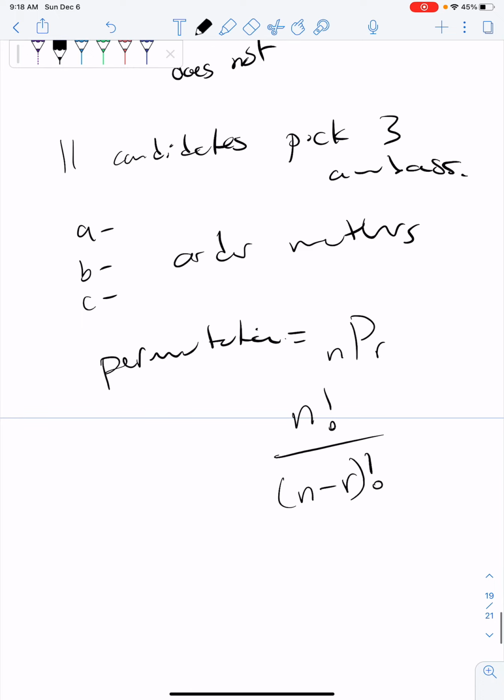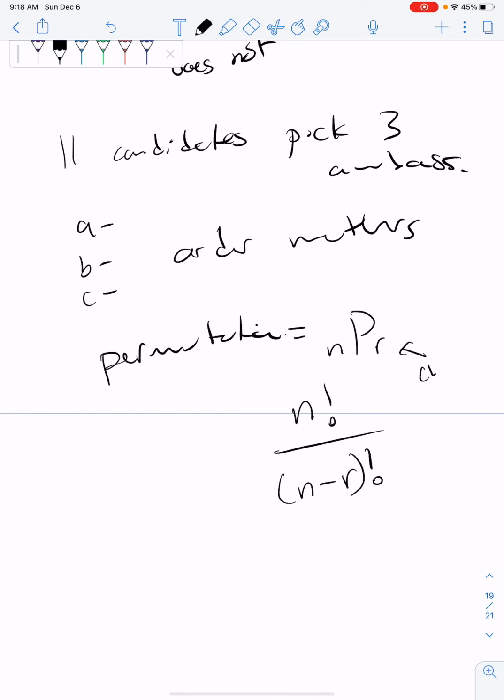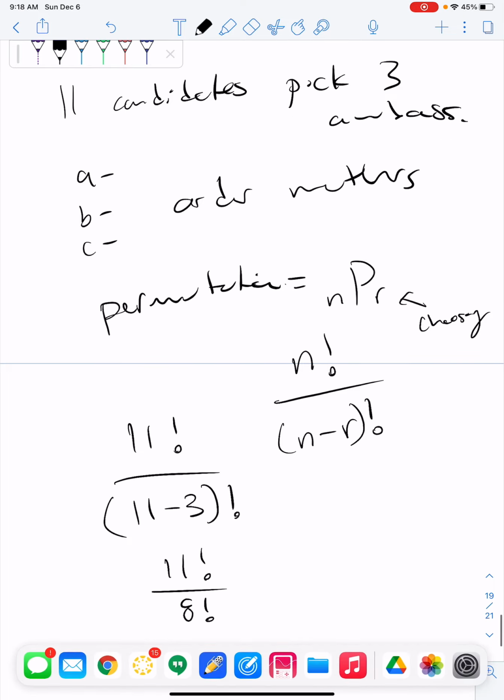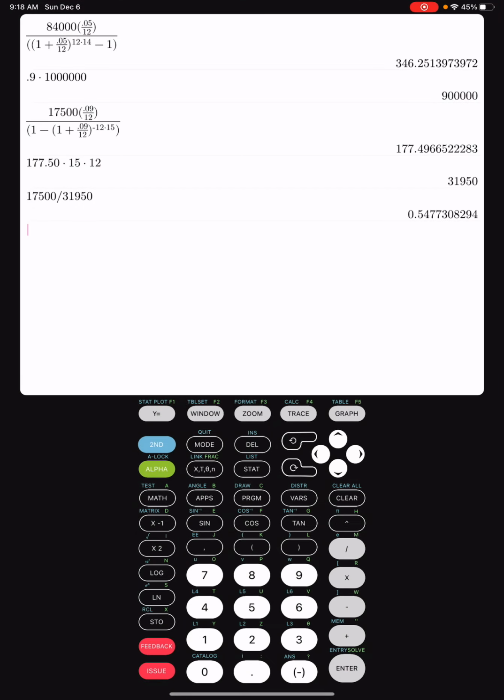R is the number that I'm choosing. Okay, that's how many I'm choosing. So I have 11 people, and I'm choosing 3 of them. So I'm doing 11 factorial divided by 8 factorial on my calculator. So to remember to do that, I can make a fraction.